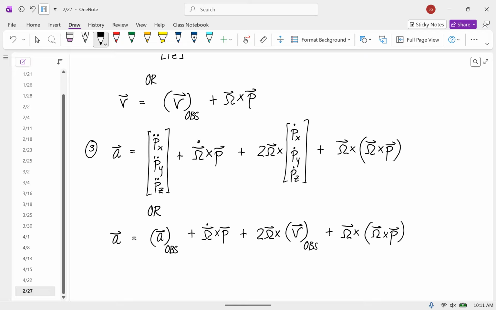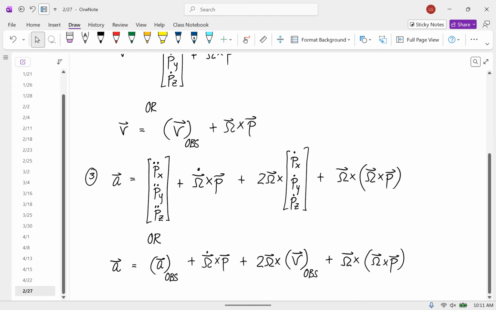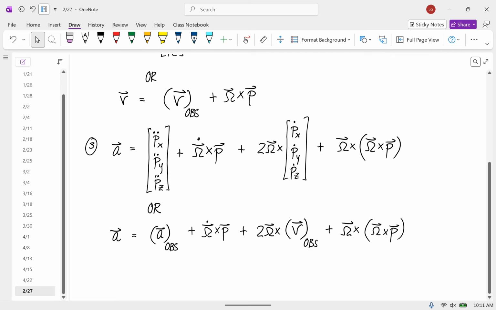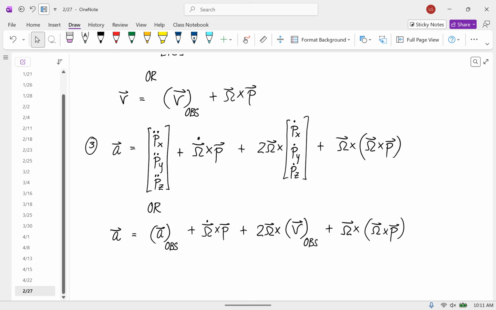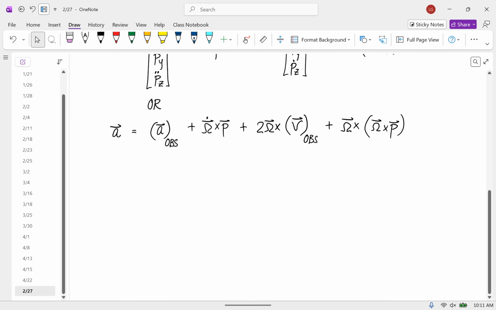Any questions about those? So when do you use the dot notation and when do you use the observed notation or way of thinking about it? Really, the only time you're going to use that component dot notation is when you're given the position as a function of time. Any other time, so let me write that down.